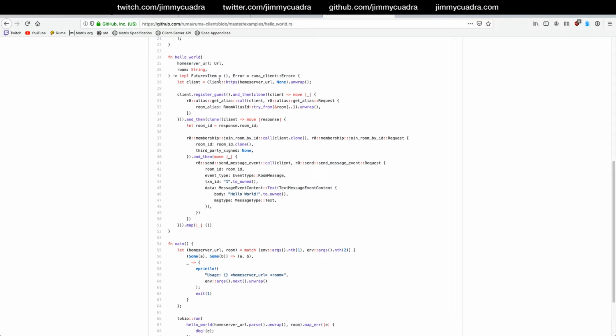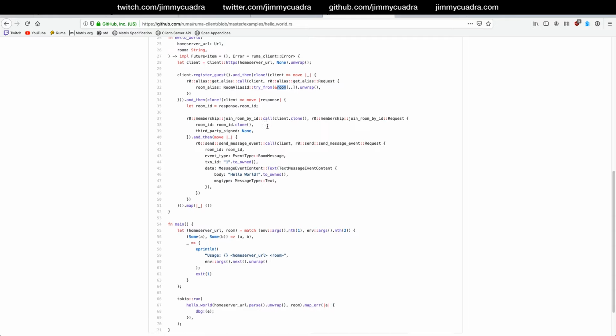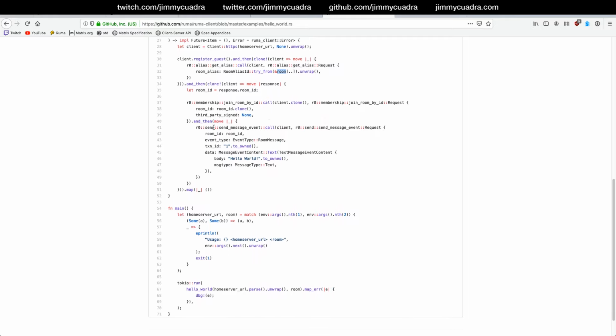So right here, we're connecting to a home server over HTTPS. We're registering a guest account on the home server. We're getting an alias for something. What are we getting an alias for? I guess we're looking for a particular room. I haven't looked at this in a long time. And then once we have a room, we are joining the room, and then we're sending a hello world message to that room.